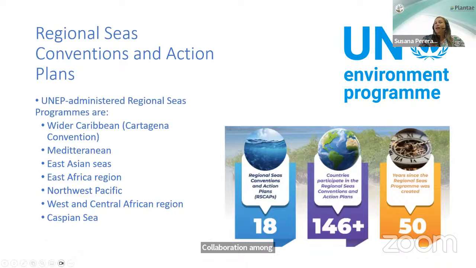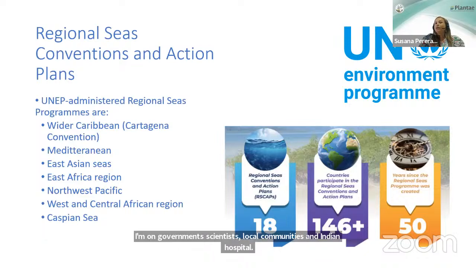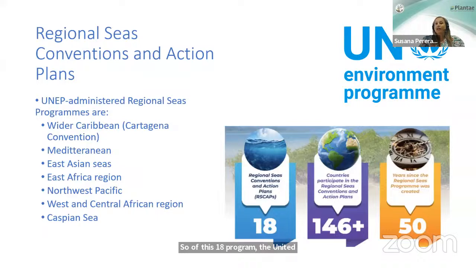So of these 18 regional seas programs, the United Nations Environment Program administers 7, and the Caribbean Environment Program, also known as CEP, is one of the 7. And it was established in 1981 in Montego Bay, Jamaica, to protect the coastal and marine ecosystems of our region, the wider Caribbean region.